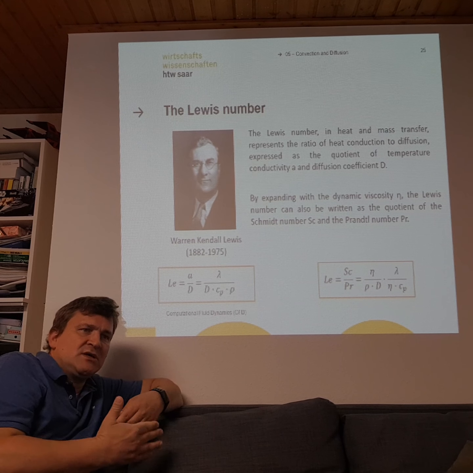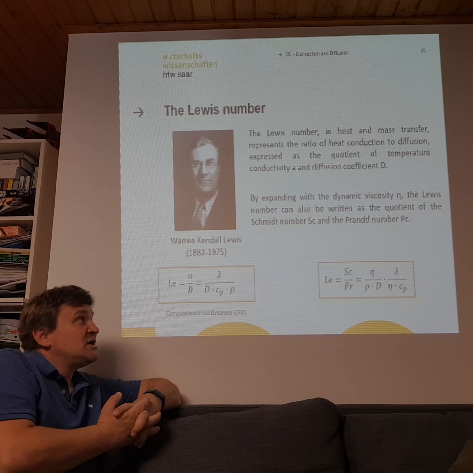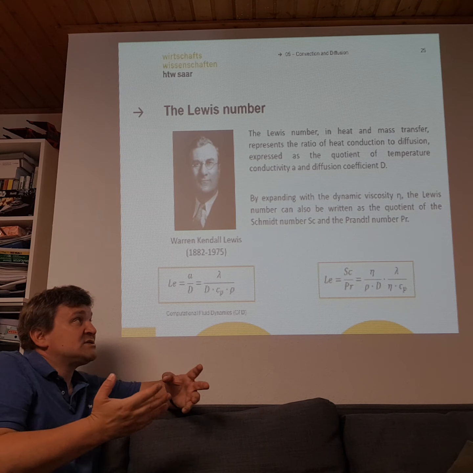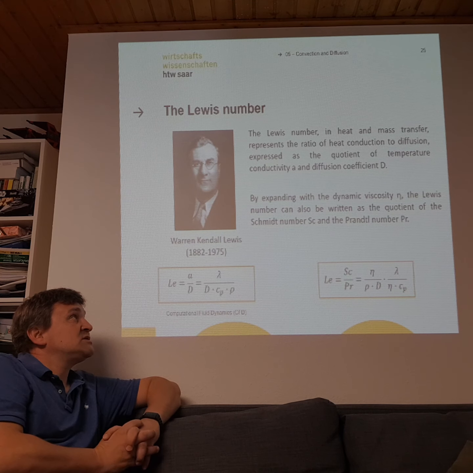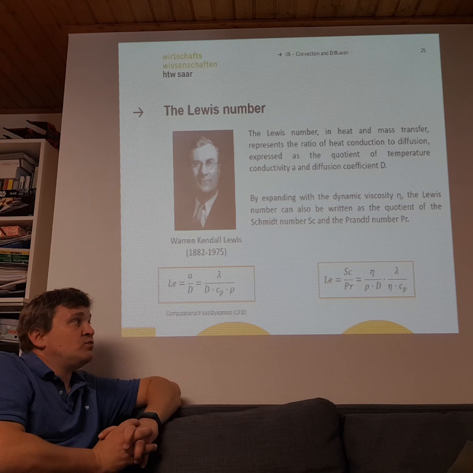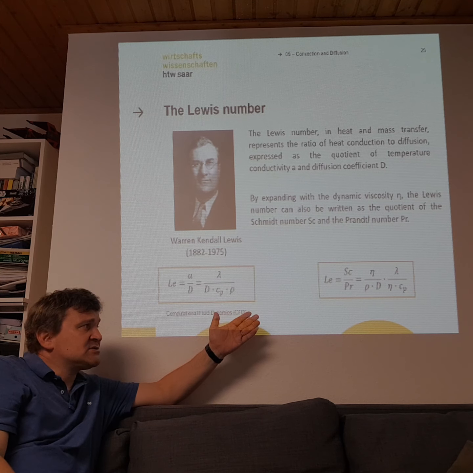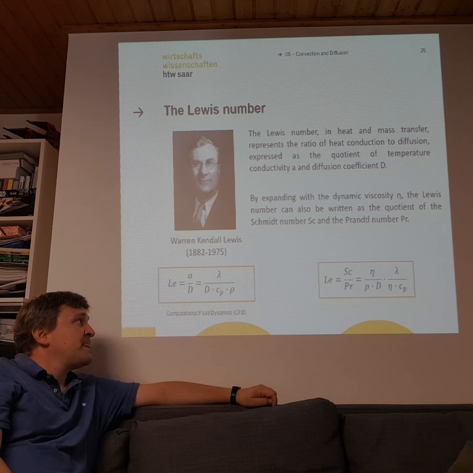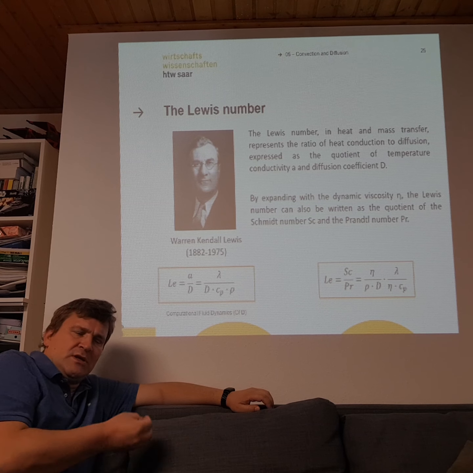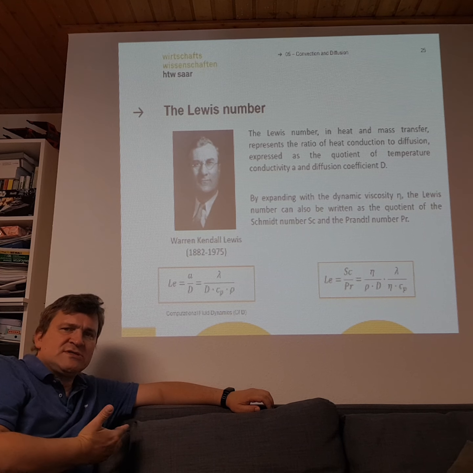He described a lot of effects of diffusion, and he also explained it with the viscosity, with the turbulent and the dynamic viscosity. Because of his work, a number was named after Mr. Lewis, and the Lewis number is described by the Schmidt number over the Prandtl number. Let me describe in a simpler way what the Lewis number means.